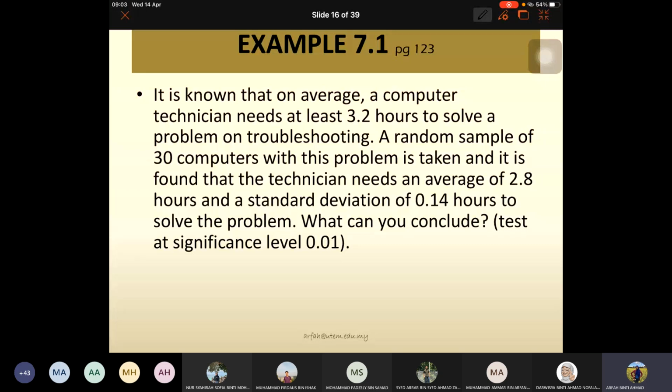Dia dapati masa yang diperlukan oleh technician adalah 2.8 jam dan standard deviation 0.14 hours. So, apa conclusion dia? Betul ke claim yang mengatakan dia perlukan 3.2 hours tu?